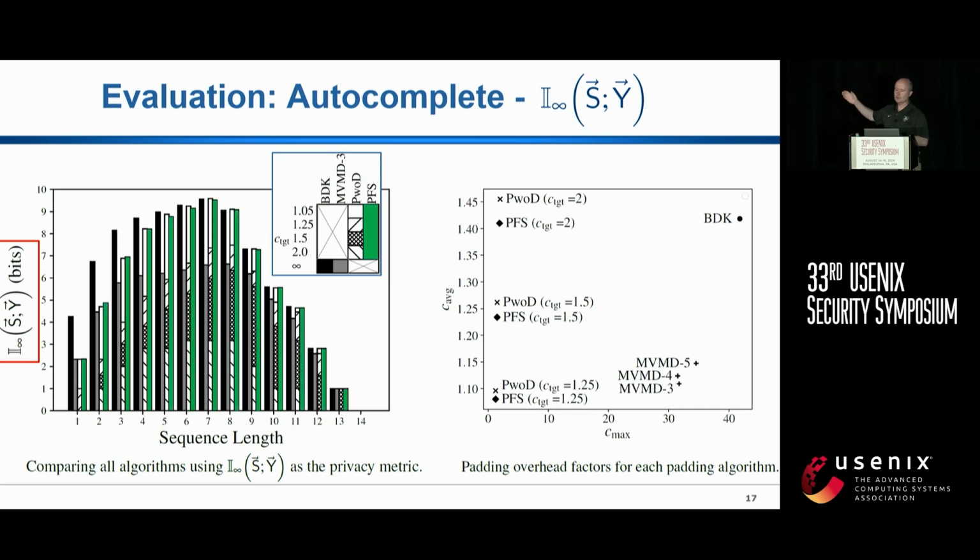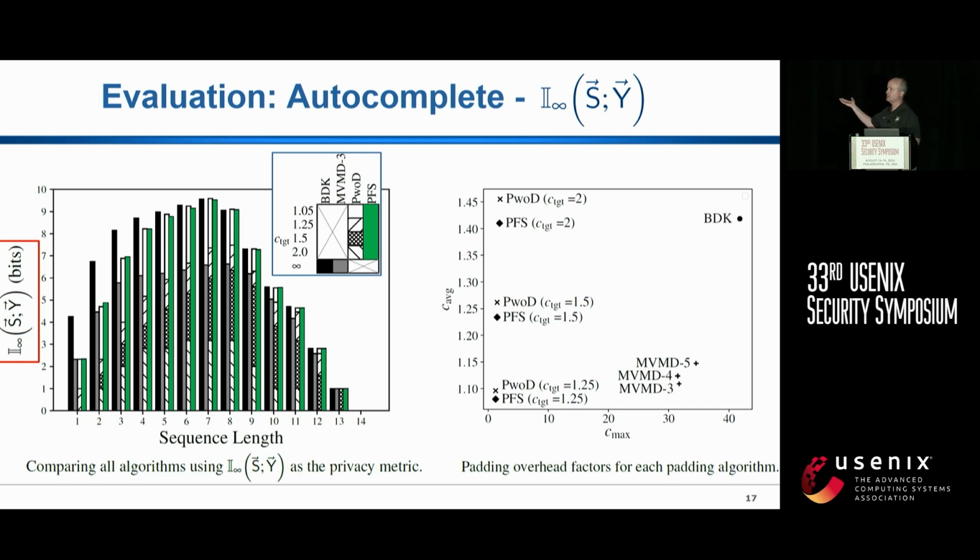But now I also need to explain for PWAD and PFS, which take ctarget as an input, we ran them with increasing values for ctarget. So now I'll do a breakdown for what that looks like just for PFS. What I've highlighted here in green is PFS when run with a ctarget of C1.05, so it's only willing to pad an additional 5% on each of the objects.